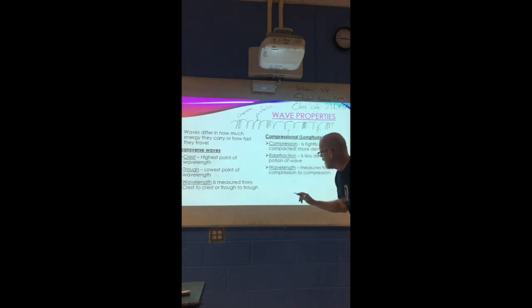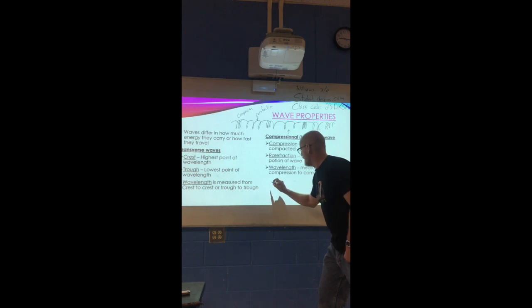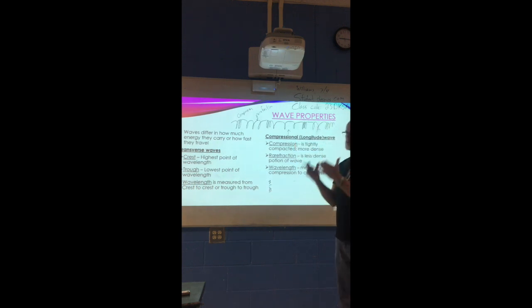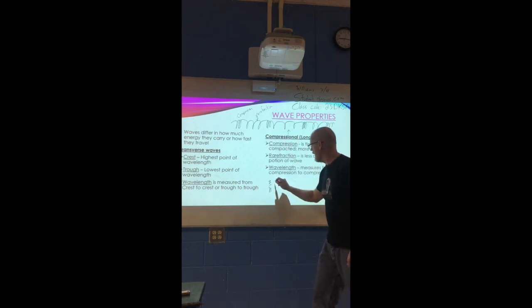Now, the other way to draw a compressional wave is to actually draw the particles of matter. This takes a little while, but consider a sound wave. If you could see the air particles when I was talking, you would see waves emanating from my mouth, and there would be compressed areas and less dense areas.